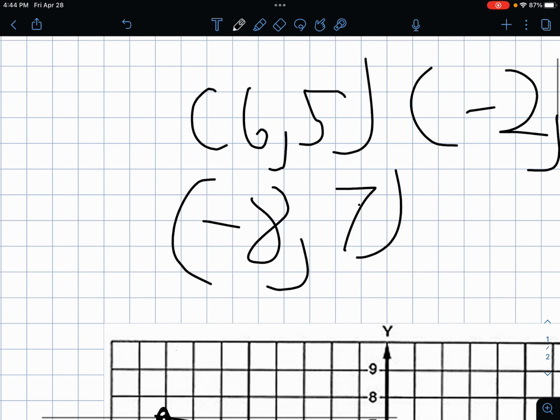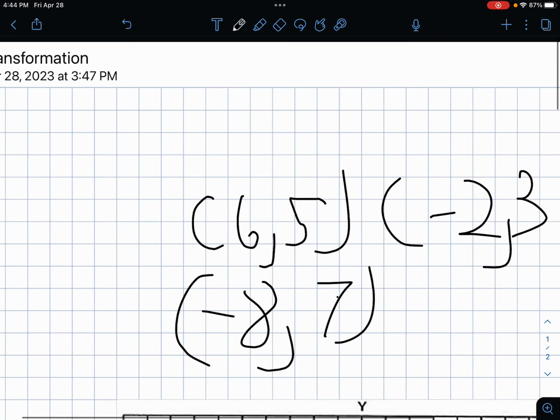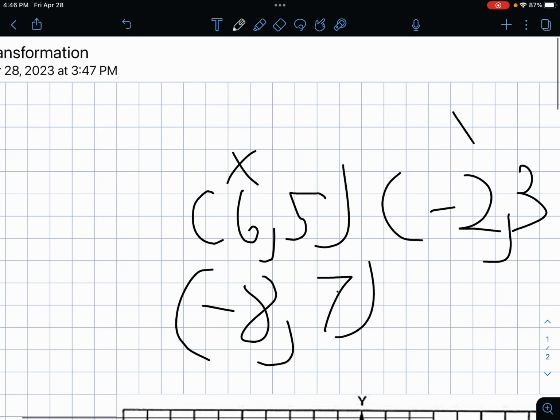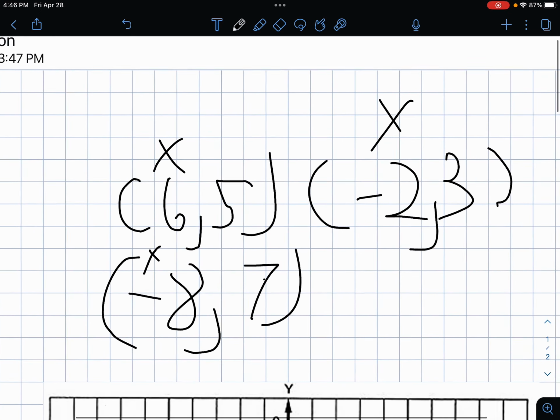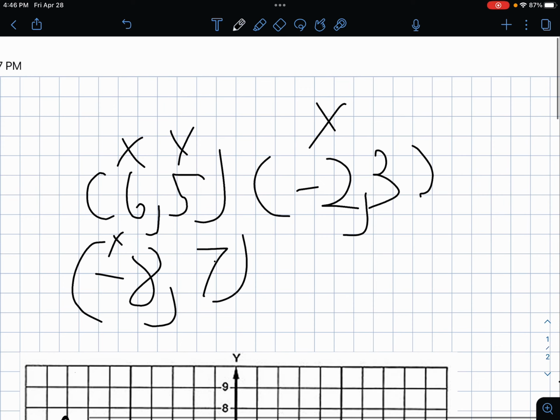And if they're already negative, we make them positive since the two negatives cancel out. Now, our x's would be 6, negative 2, and negative 8, while our y's would be 5, 3, and 7.